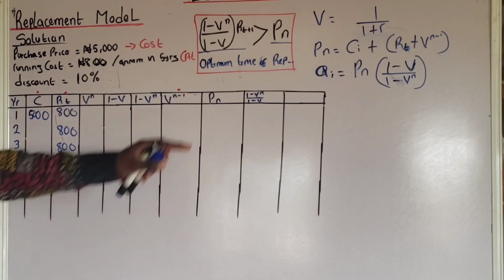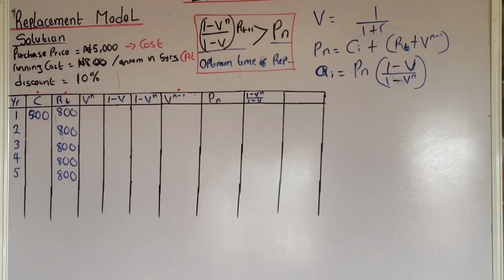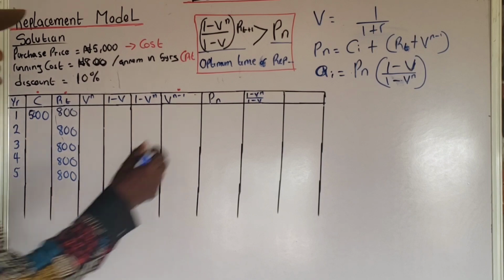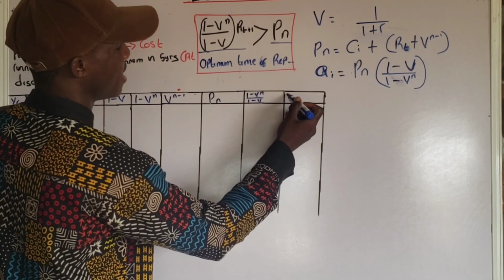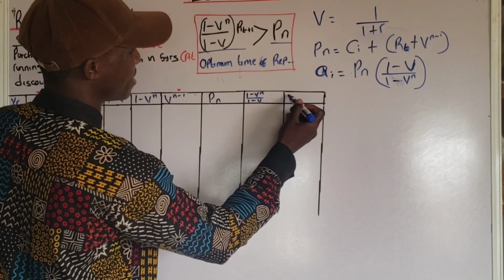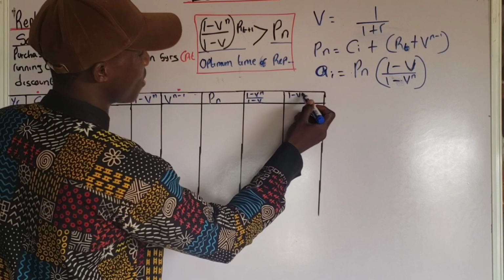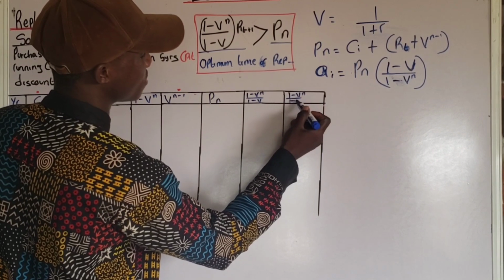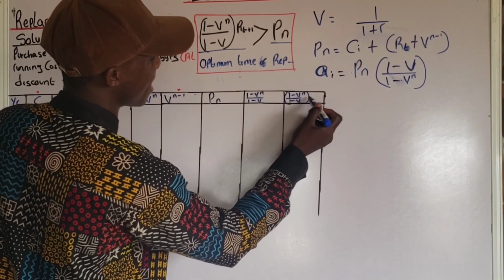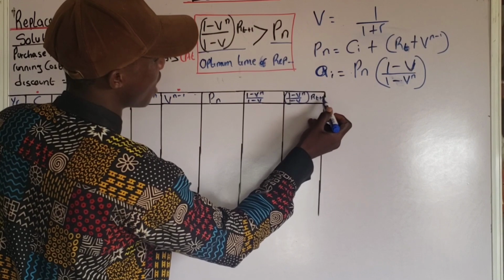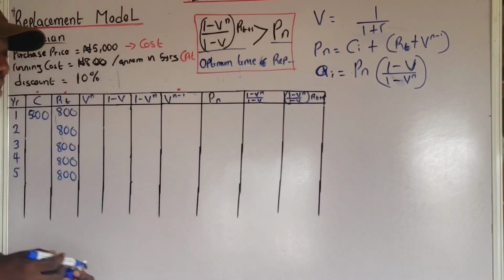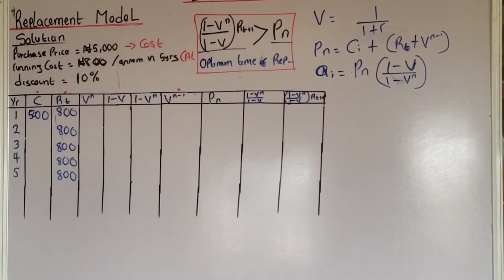So that will be the next column. Now, the last column will be 1 minus v raised to the power of n all over 1 minus v multiplied by rt plus 1. You understand? According to what we have here. So you can see that when you remember the formula, half of the problem is already solved. Is that not it? Yes, it is.